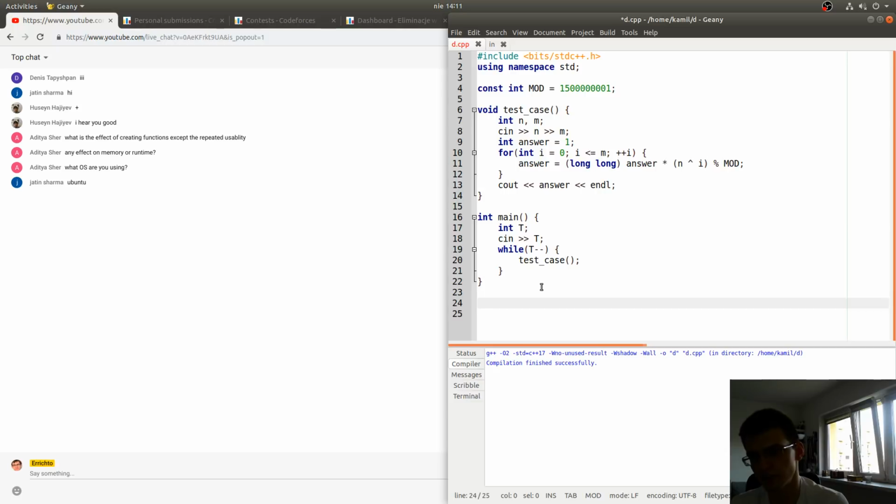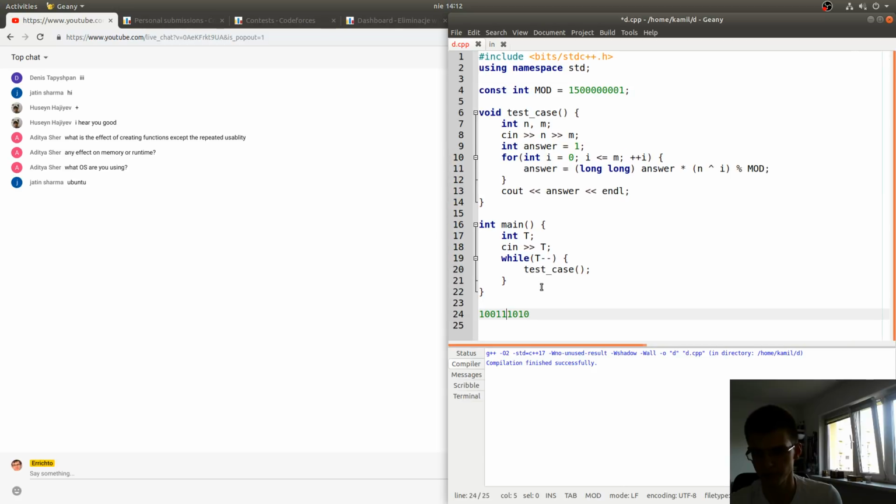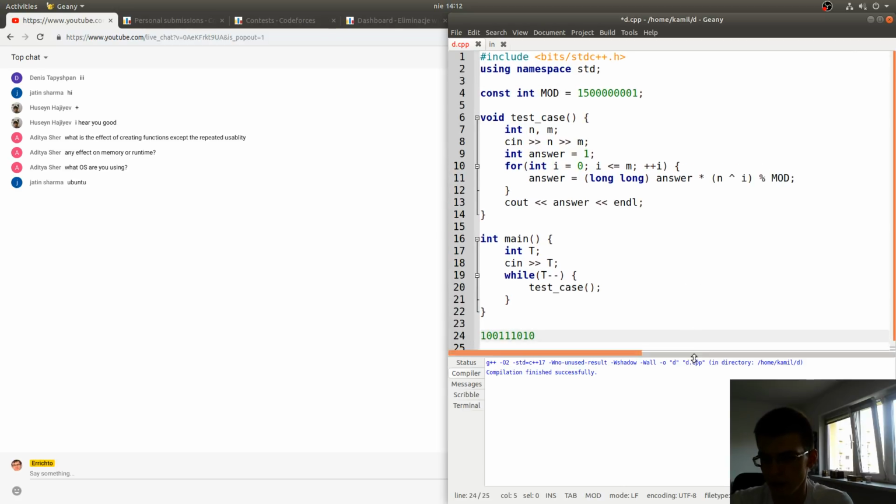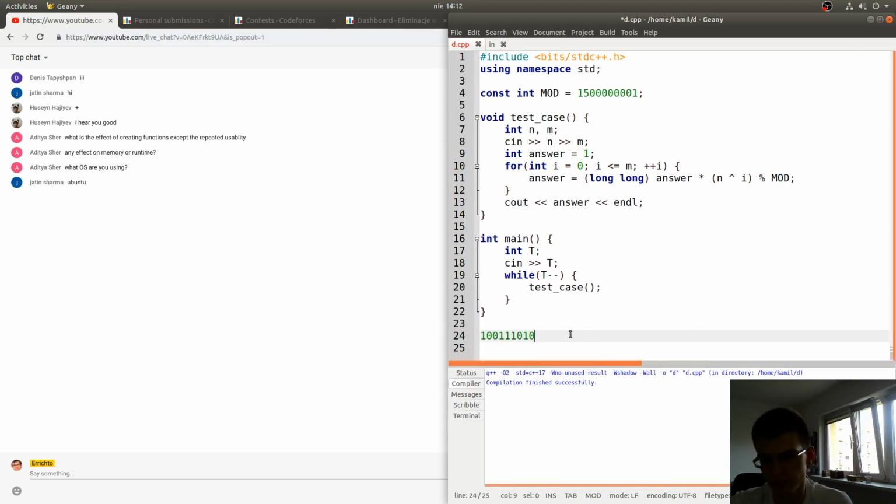Since XOR is something that works on bits, let's imagine n written in some binary form. Maybe let's make it a bit shorter. Okay, so first, when we multiply the answer, the product, by n XOR 0, we just multiply it by this value.